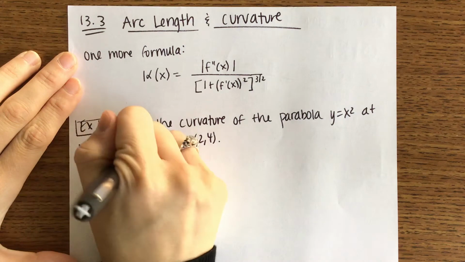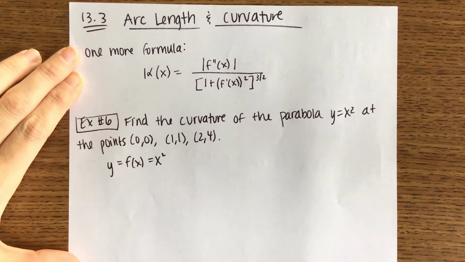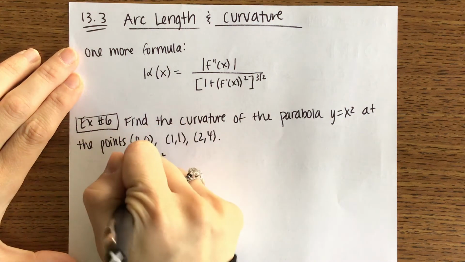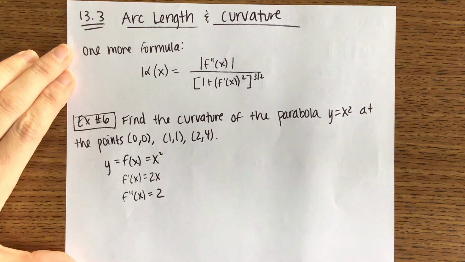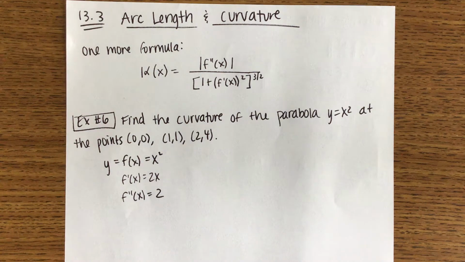In this case, our y, which is really f of x, is going to be equal to x squared. Our first derivative with respect to x then would be 2x, and our second derivative would be 2. So we're going to find a general expression for the curvature, and then we'll plug in those points.